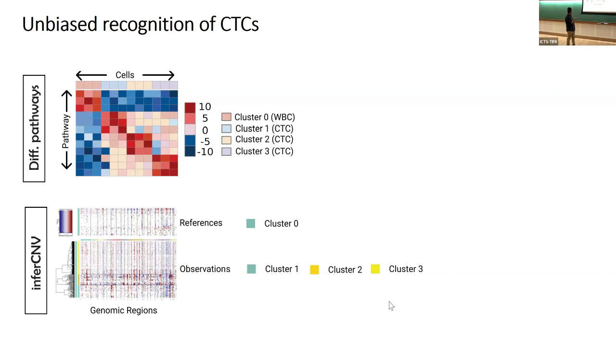So each column is a cell here, and these dark colors, whether brown or blue, would mean that there is an amplification or deletion. That's a wonderful method. When you have a cluster, at a cluster level, you can check. By the way, this method doesn't belong to us. This was created back in 2013, I guess.